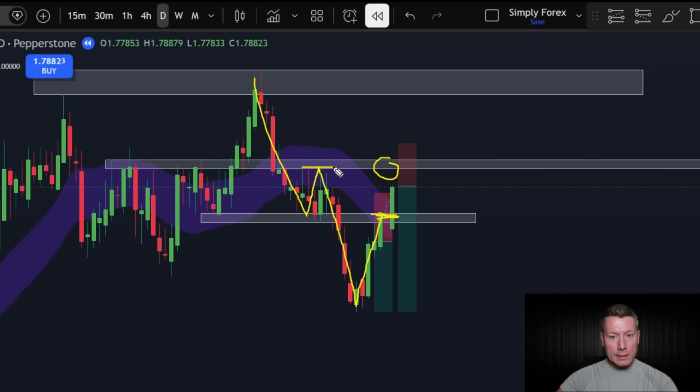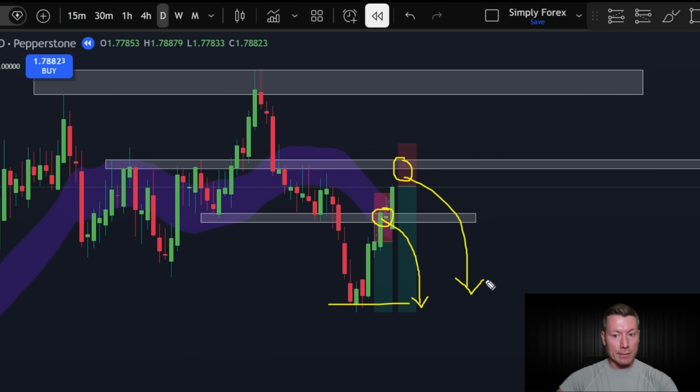As long as these highs hold here, I am still looking for sells, because with this system, I must be with the daily trend. So I'm only wrong when this high is broken. Until that point, I am looking for sells. We don't know if price is going to react here and come all the way back down to these lows, or even if price is going to react here and come down either.